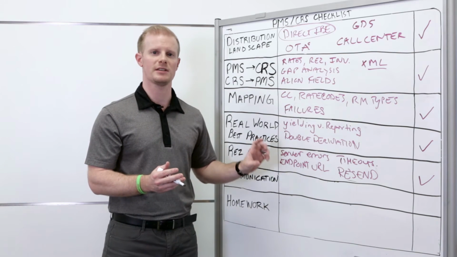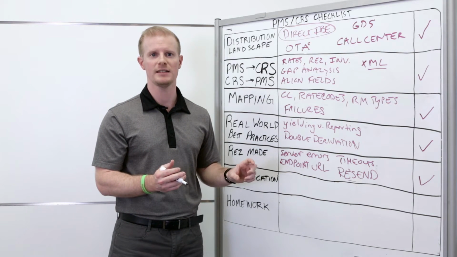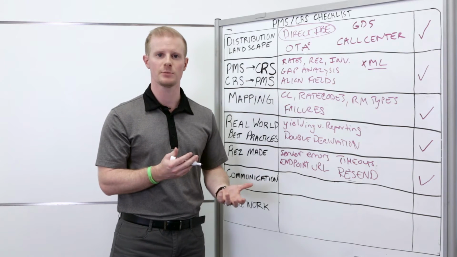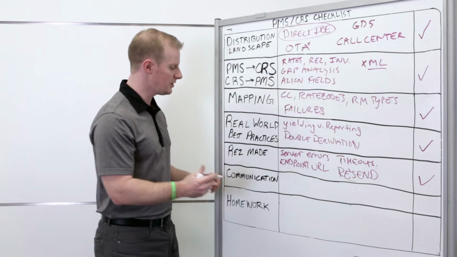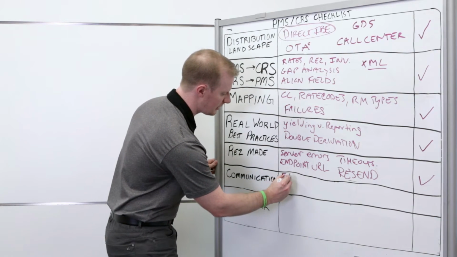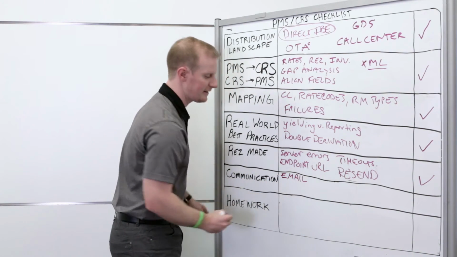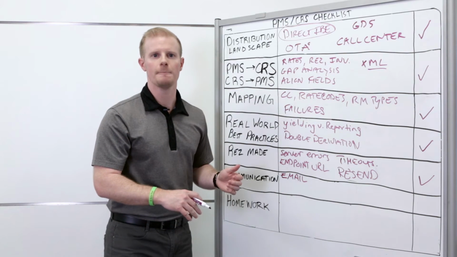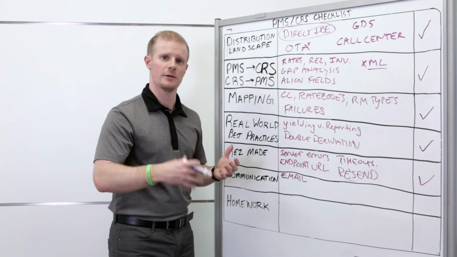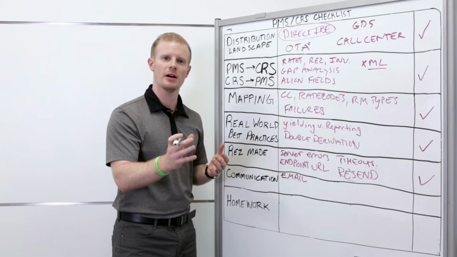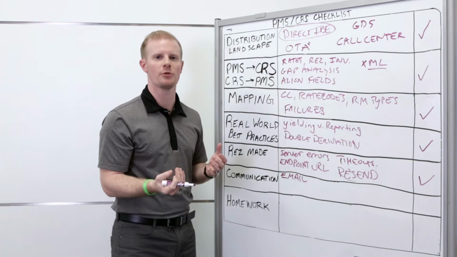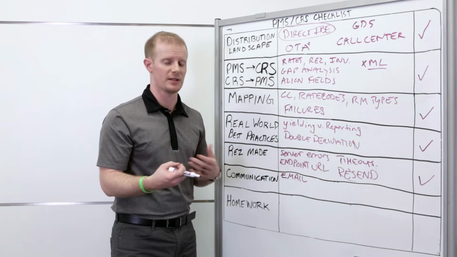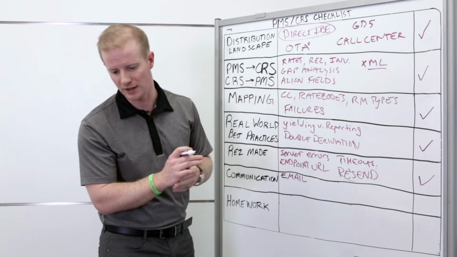Otherwise, do know that CRSs can offer this functionality, typically with some default options or maybe some more customizable options. So with communication, you want to make sure on a reservation you are getting that guest's best email. Maybe that even involves getting more information from them, sending them in the pre-stay email. Maybe you can embed a link to gain more information about that guest so you can customize their experience or simply give them a better experience when they're staying with you.